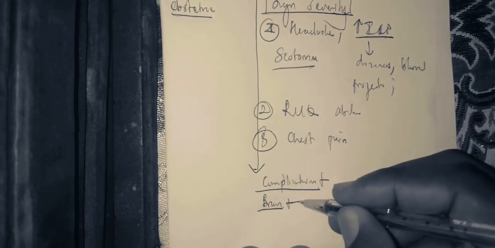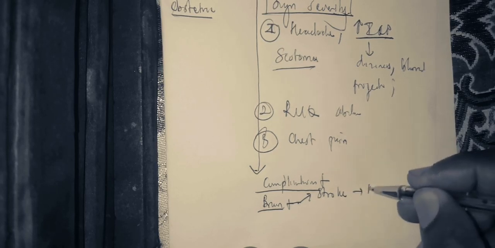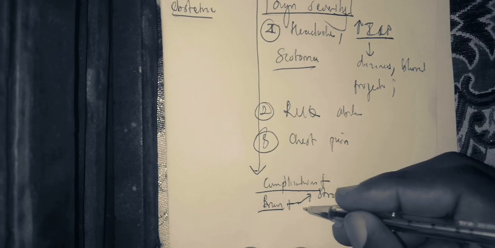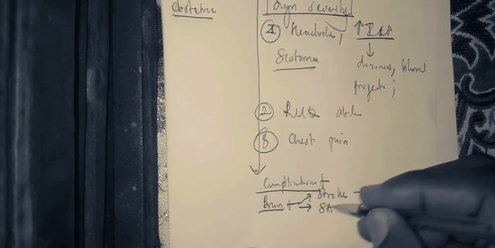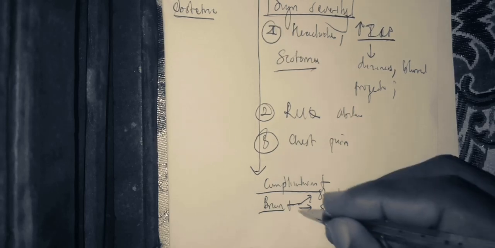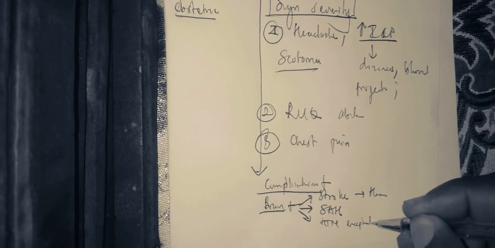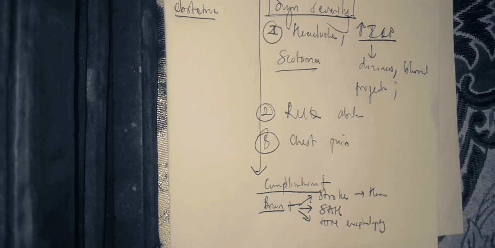And when the brain is damaged, it can result in a stroke. Generally, the patient is going to have a hemorrhagic stroke, or even an ischemic stroke. Now, because of that increase in blood pressure, the next one, you can have a subarachnoid hemorrhage, which is another complication. The third complication, you have a hypertensive encephalopathy. Is it clear? So those are the complications that you can have with respect to the hypertension.